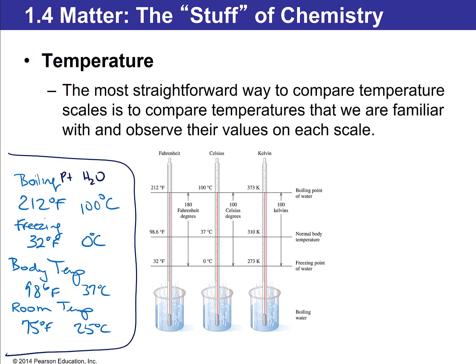So room temperature, 75 degrees, they say it's about 25 degrees Celsius. It's pretty close. It's really closer to like 23 degrees Celsius, but they use them about interchangeably when talking about regular room temperature. So those are the ones to be familiar with.